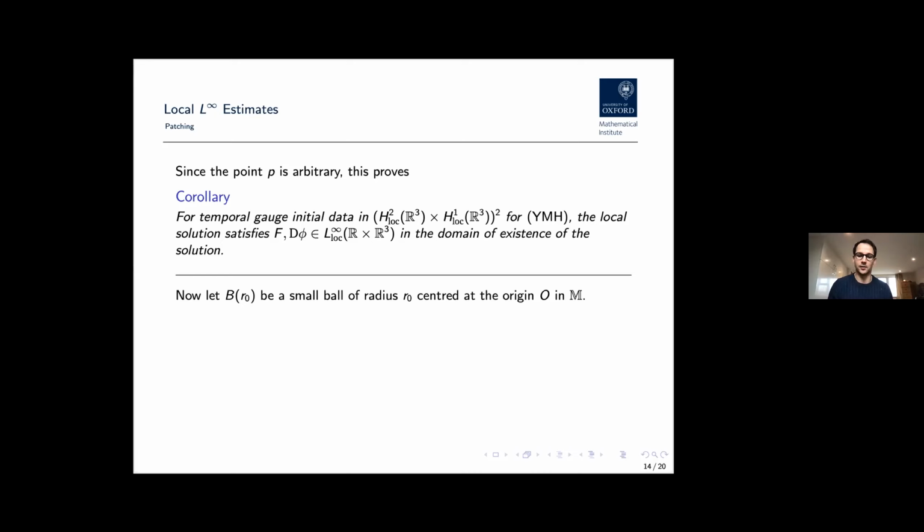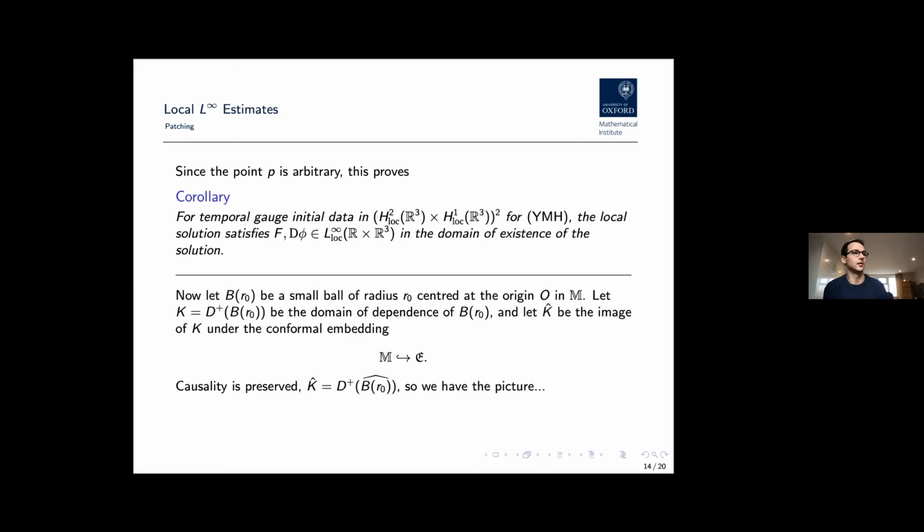Well, so this is where this conformal patching construction comes in. So let me take a small ball of radius r around the origin of Minkowski space, think about its domain of dependence, and let me glue this domain of dependence onto the Einstein cylinder by conformally embedding Minkowski space into the Einstein cylinder.